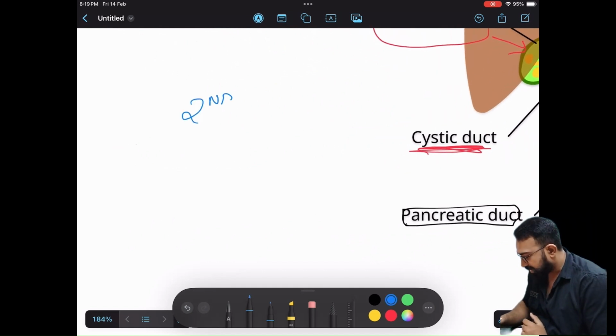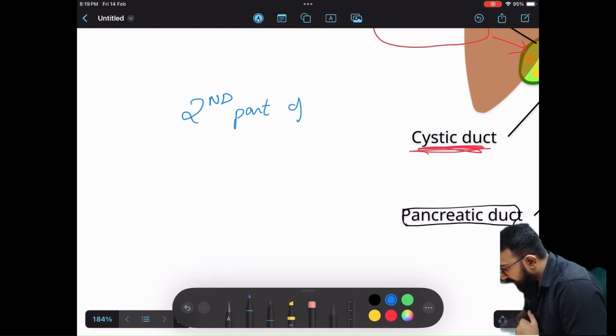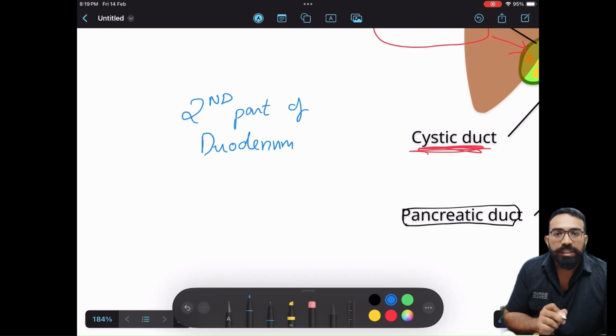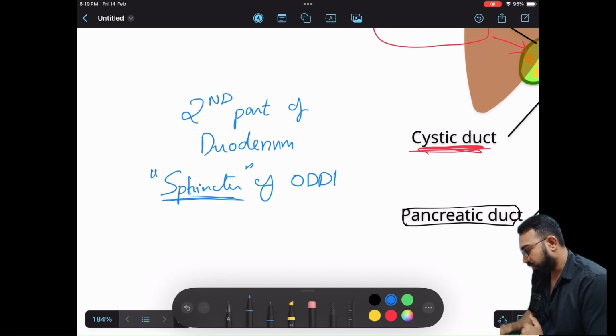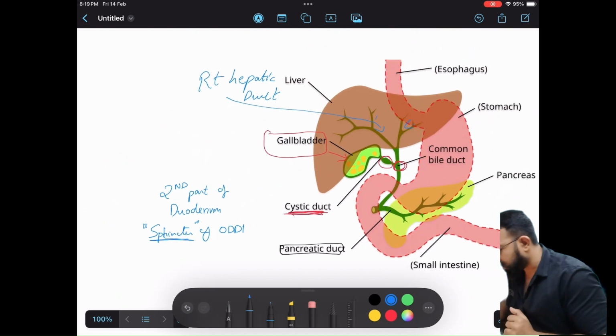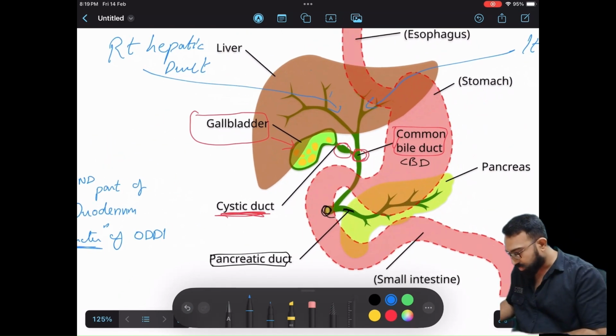They open specifically in the second part of your duodenum through a common sphincter, that is the sphincter of Oddi. Forgive me if my spelling of sphincter is wrong, but you get what I am telling you.